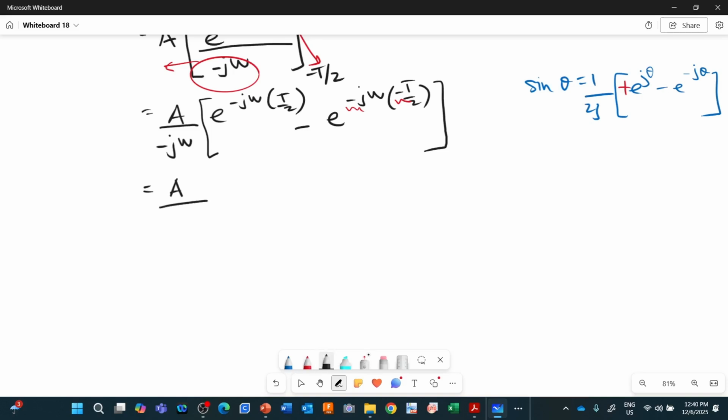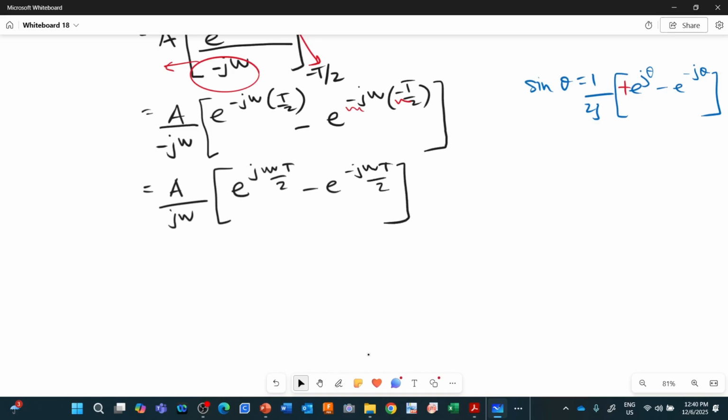So you have A over j omega, times e to the positive j omega tau over 2 minus e to the minus j omega tau over 2.